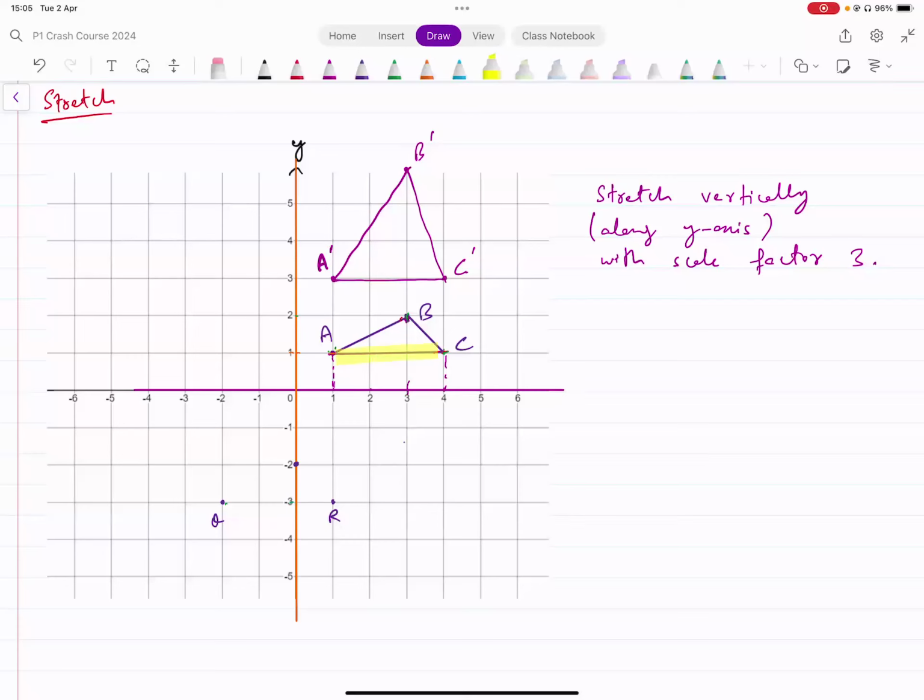You can see the length AC was 3 units earlier. It's still 3 units. The height was 1 unit earlier. The height is now 3 units. We call this a stretch because the diagram is basically stretched in one direction. It's increasing in size in one direction, but not in the other direction. That's why it's called a stretch. All right. So this is a vertical stretch. The diagram has stretched vertically by a scale factor of 3.